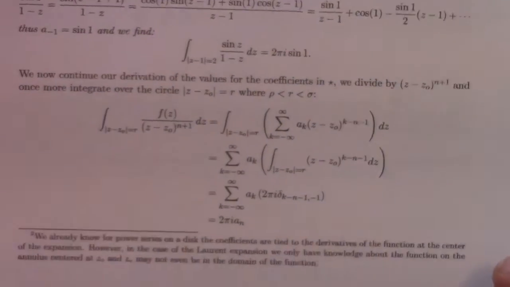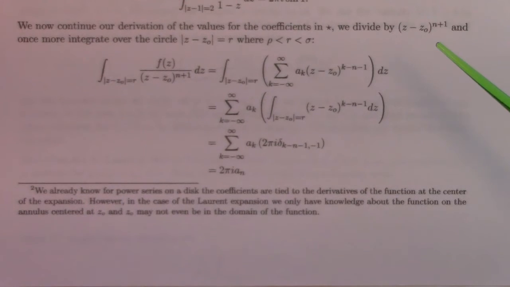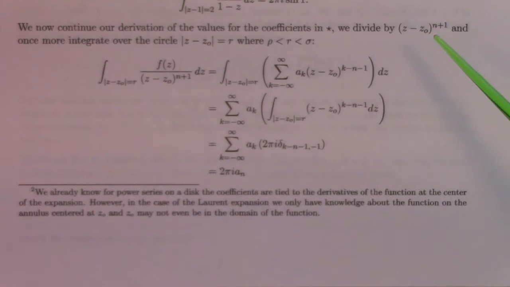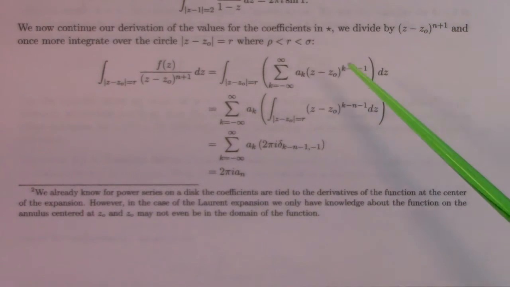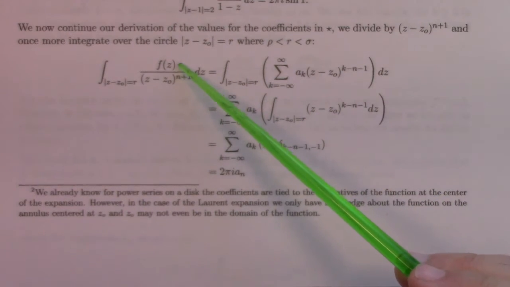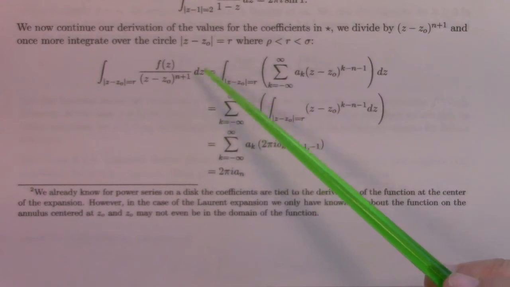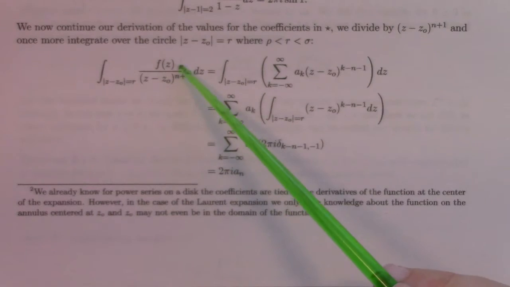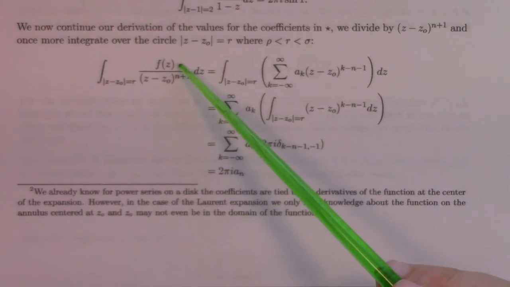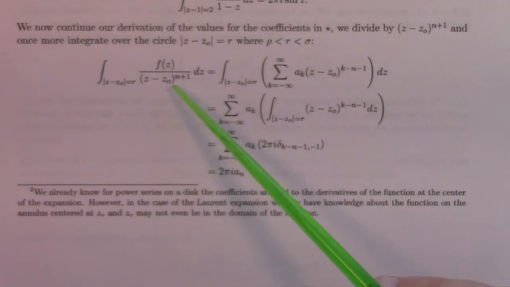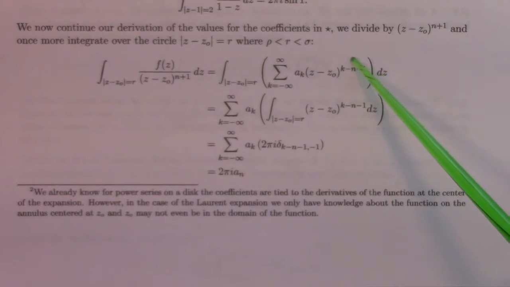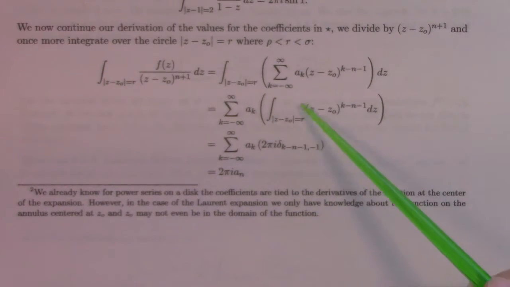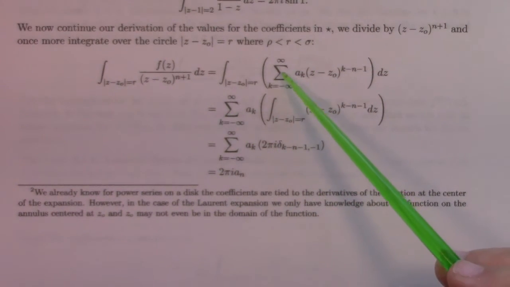Anyway, so continuing our derivation to figure out the rest of the coefficients in the star expression that we talked about a minute ago, if we integrate f of z over z minus z naught to the n plus 1, then again we can plug in the Laurent series for f of z, but if we divide by that it shifts the power function a bit, and then again pull the summation out.